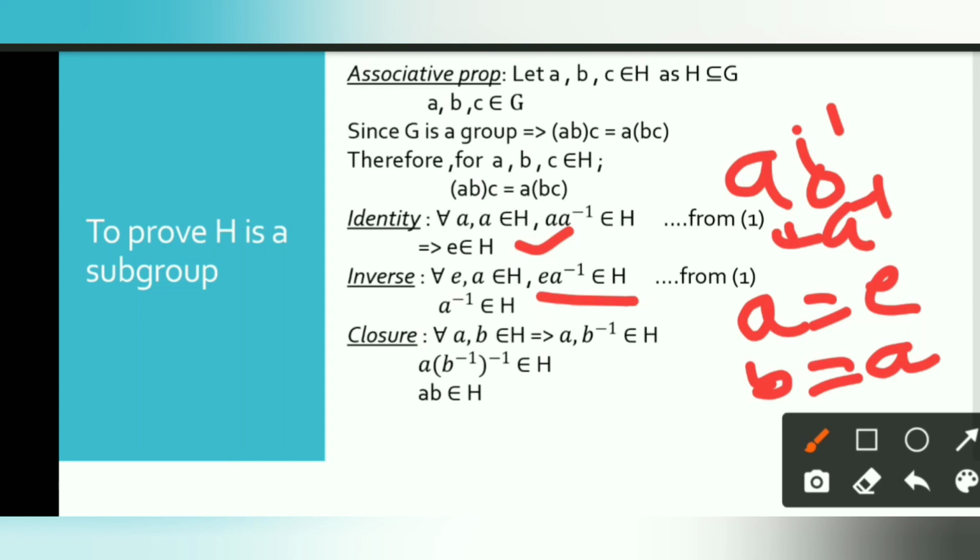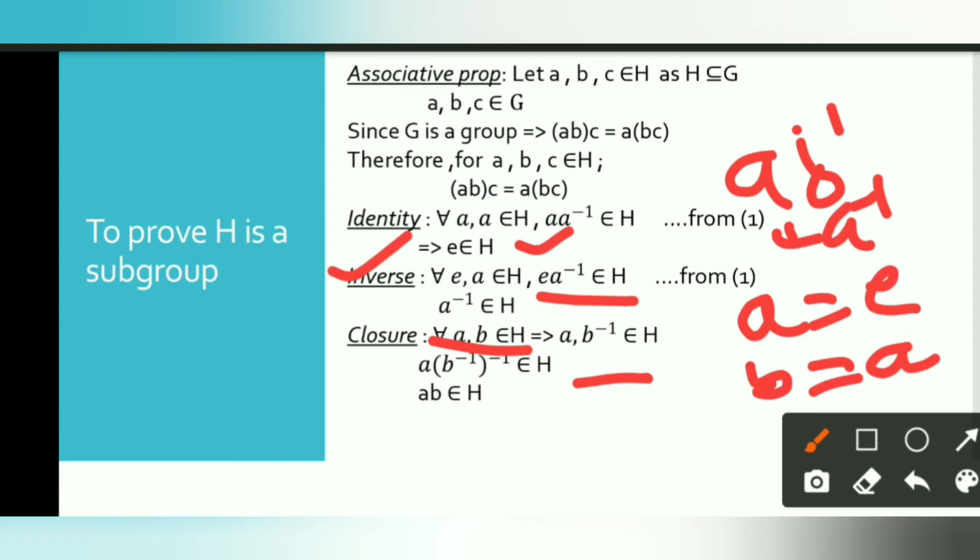And for the last thing, to prove the closure property, we take two elements A and B in H. Now A and B in H means B inverse is also in H, because we have proven here the inverse exists for each element.